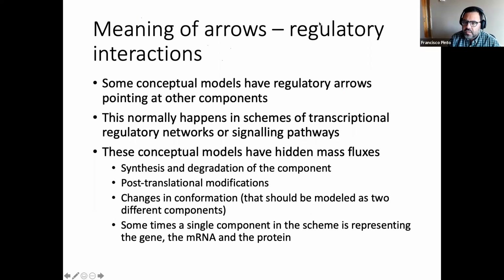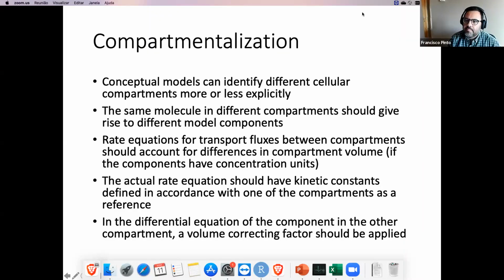Another example of those regulatory fluxes is, for example, A regulates the conversion of protein B to an activated state or an active conformation.